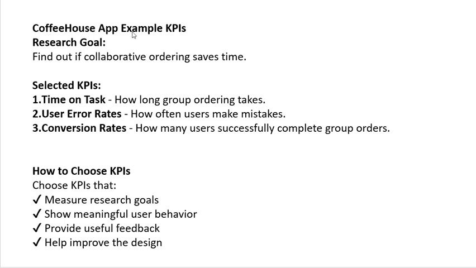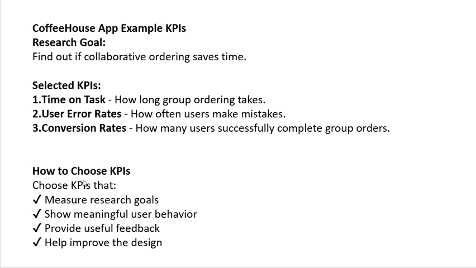A coffee house app example: the research goal is to find out if collaborative ordering saves time. Select the KPIs: time on task, user error rate, and conversion rate. Time on task is how long the group takes to order. User error rate is how often the user makes mistakes. Conversion rate is how many users successfully complete the group order.